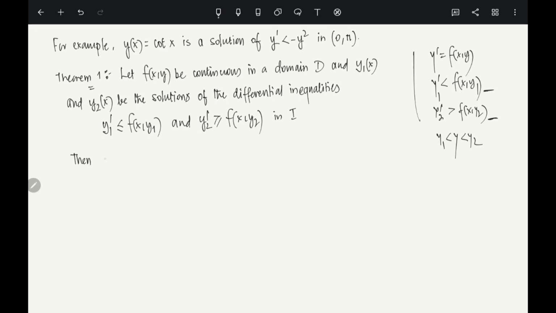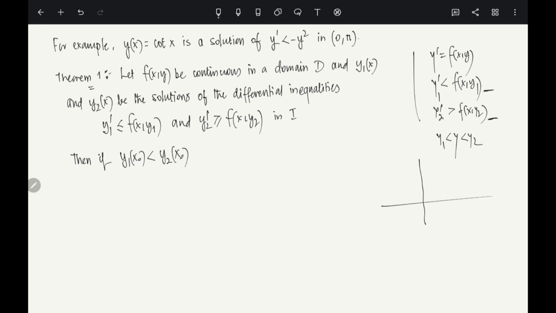Then if y1 of x naught is less than y2 of x naught, so essentially, let us put it this way. y1 is following some rule and y2 is following some rule, right? And so essentially I want to trap my y between y1 and y2.